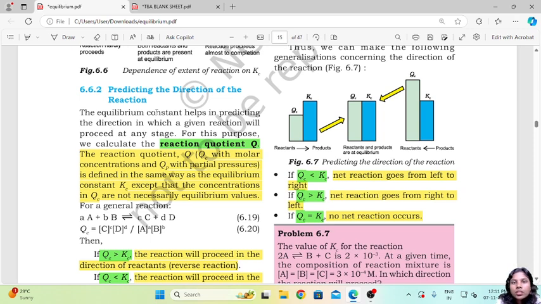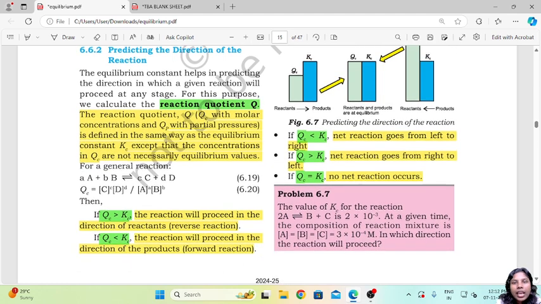For this purpose, we calculate the reaction quotient, that is Q. The reaction quotient, Qc with molar concentrations and Qp with partial pressures, is defined in the same way as the equilibrium constant Kc, except that here we do not consider the concentrations at their equilibrium values. We can take any in-between values as well.